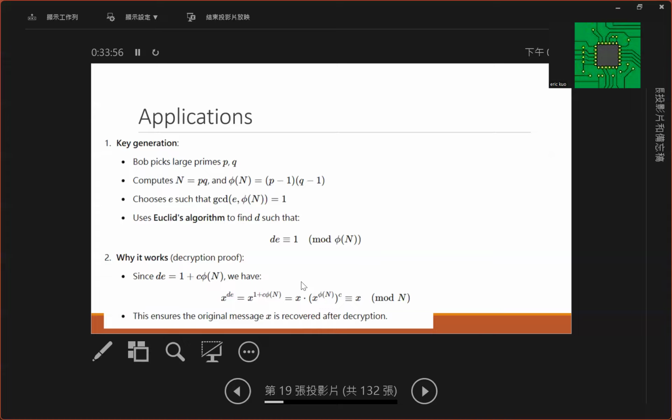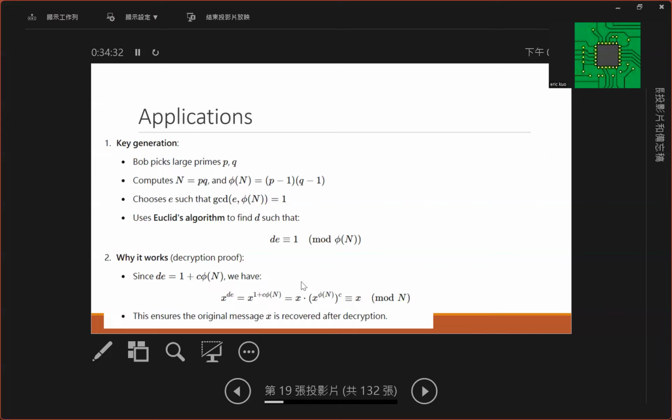So I proved d is this. Since de is 1 plus c times phi of n, I need to check that x to the de is x for each x. We get x to the de, which is x to the 1 plus c times phi of n, for some c.